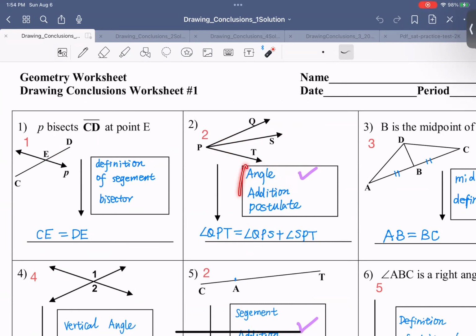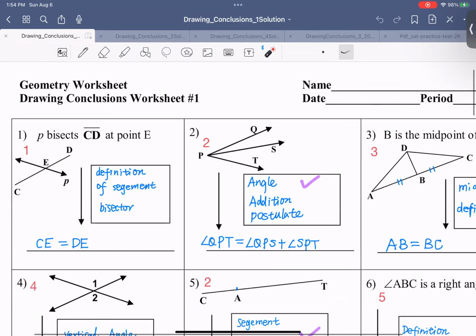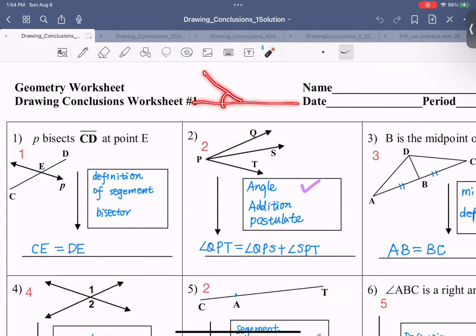You have to write down something called the angle addition postulate. Just like the two angles here, you call that the linear pair postulate, saying these two angles are supplementary. But here you need to say these two angles summed together equal this one. This is the angle addition postulate.